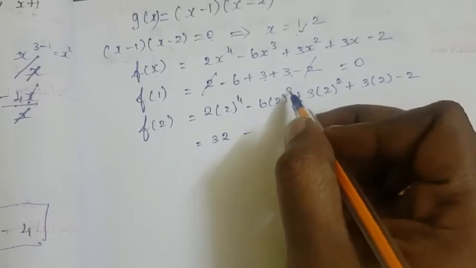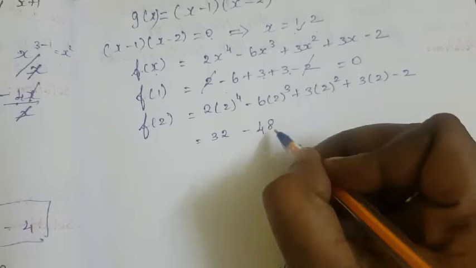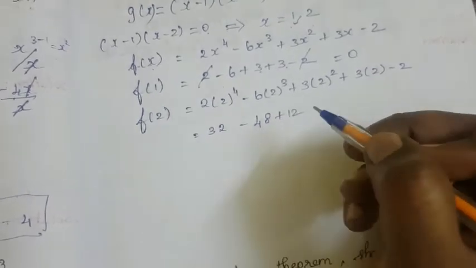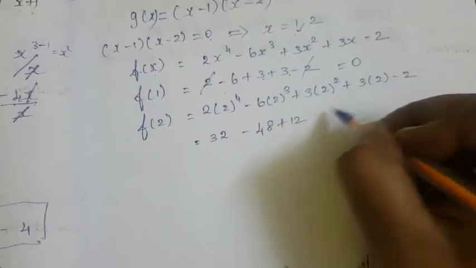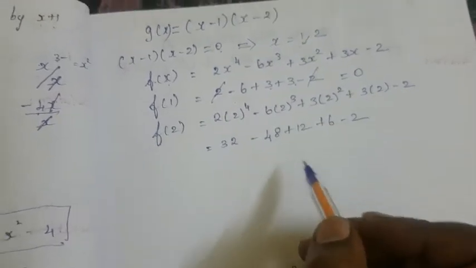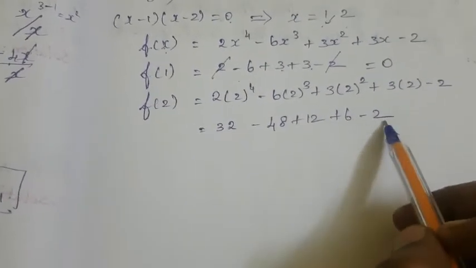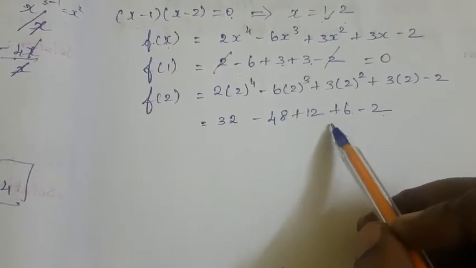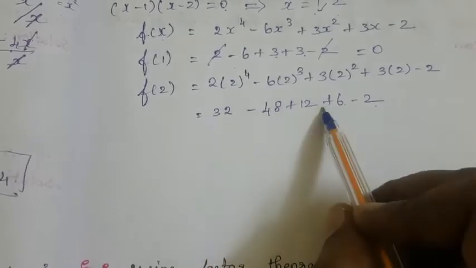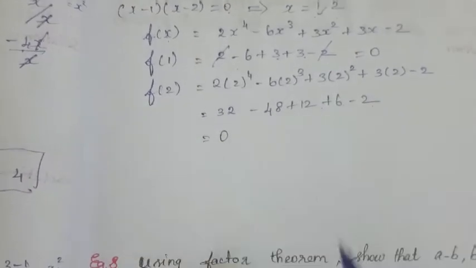And 2 cube is 8, 8 into 6 will become 48. 2 squared is 4, 4 into 3 will become 12. And 3 into 2 is 6, 6 minus 2 will be 4. 12 plus 4 is 16. So 32 plus 16 will become 48. 48 minus 48 will become 0.